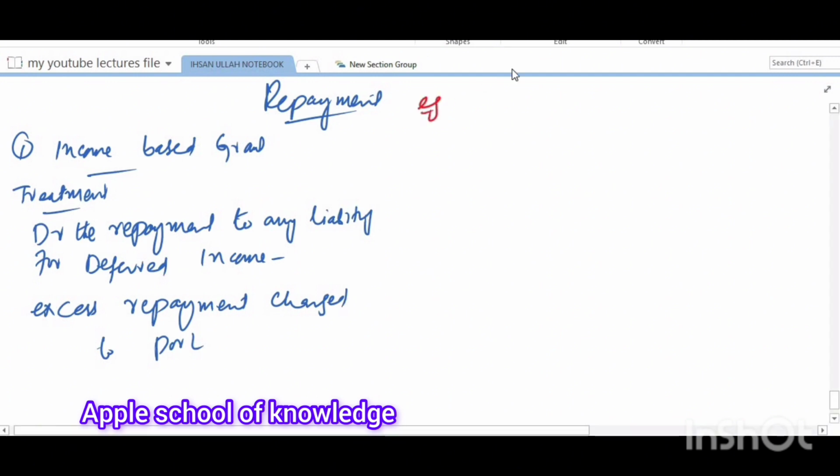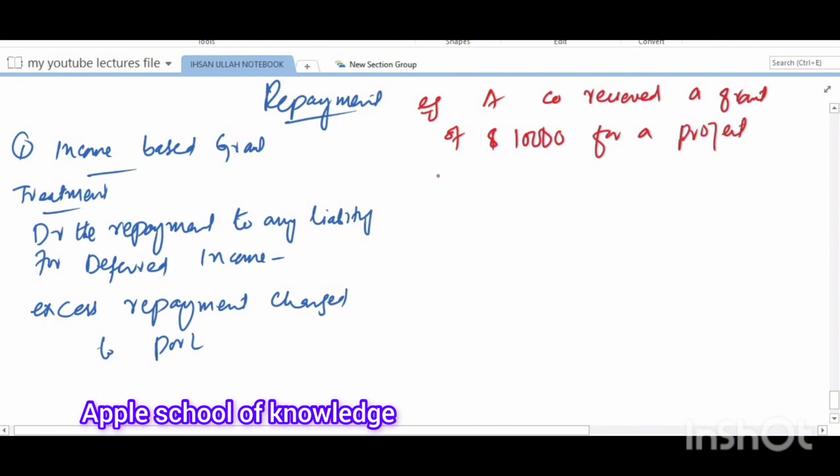For example, let's say a company received a grant, let's say 10,000, for a project. And now they repay 5,000.